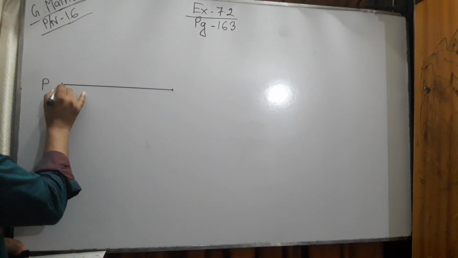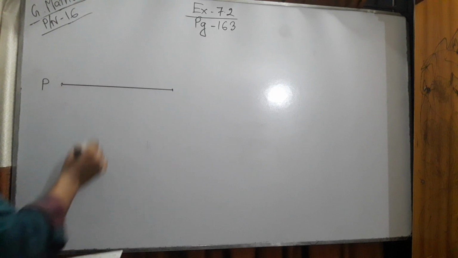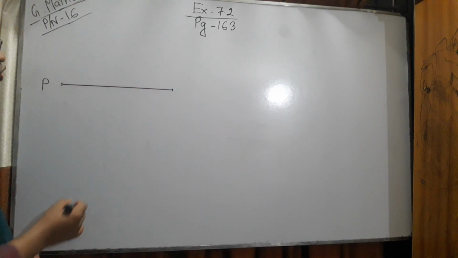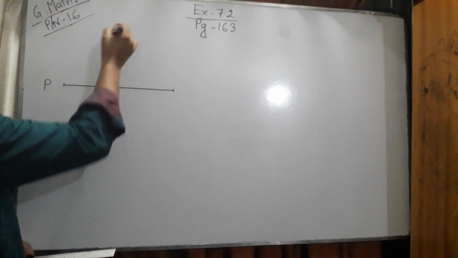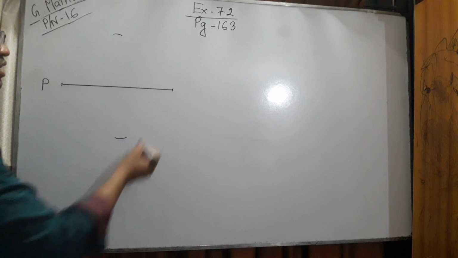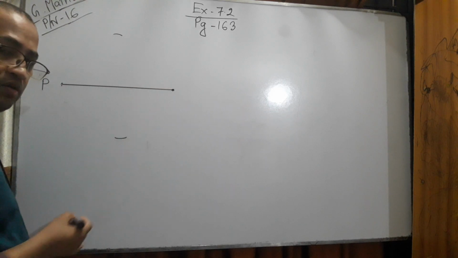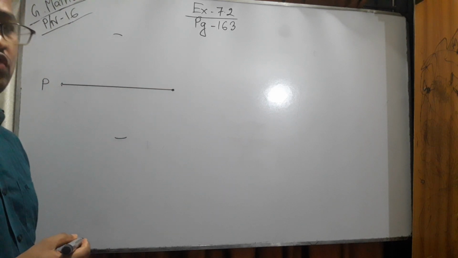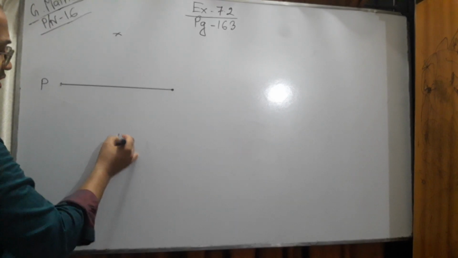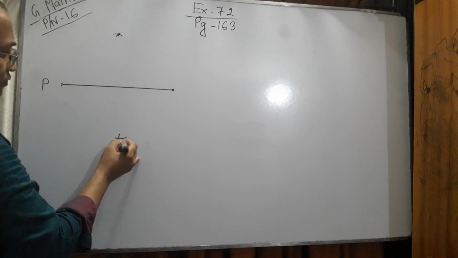With center at this point, with a radius more than half of P, we draw two arcs above and below this line. Again, with center at the other point, with the same radius, we draw another two arcs which cut the previous arcs at these two points.